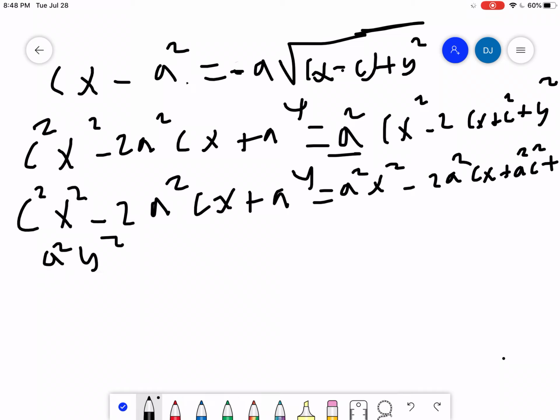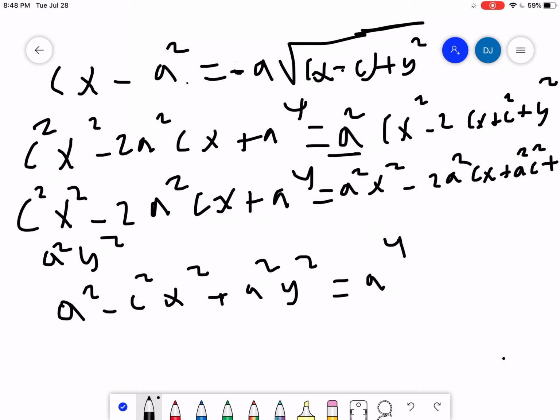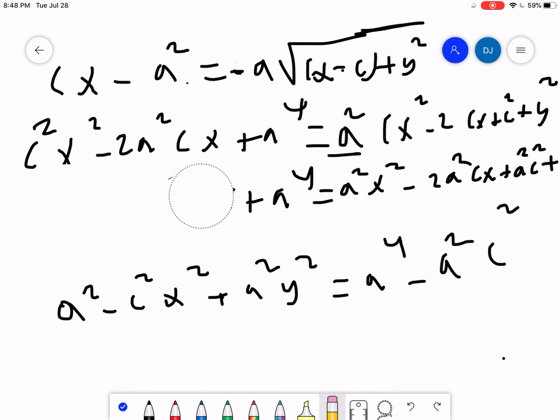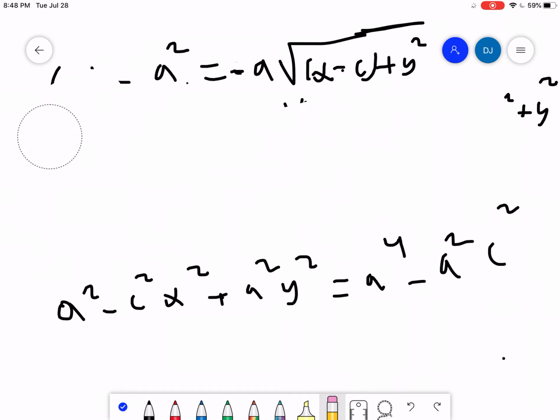Now, we can rewrite this as a squared minus c squared times x squared plus a squared times y squared is equal to a to the power of 4 minus a squared times c squared. That's basically combining like terms, and we rewrite it as that.